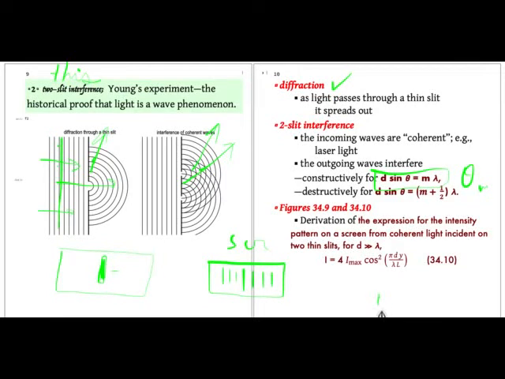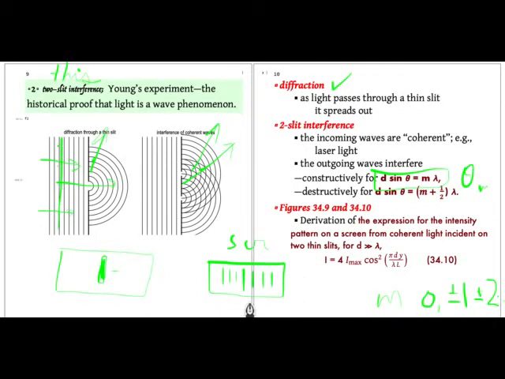So m in these equations could be 0. It could be plus or minus 1, plus or minus 2, plus or minus 3, etc.